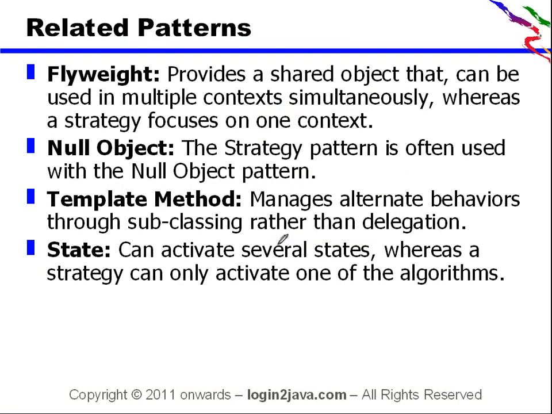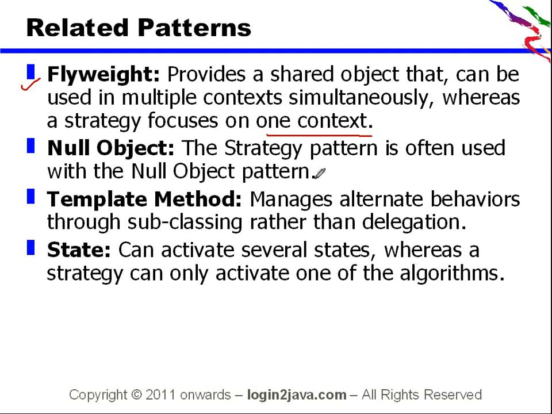Related patterns. Flyweight provides a shared object that can be used in multiple contexts simultaneously, whereas strategy focuses on one context. So flyweight is another pattern that is similar to the strategy pattern, but it can be used in multiple contexts simultaneously. Null object: the strategy pattern is often used with the null object pattern.